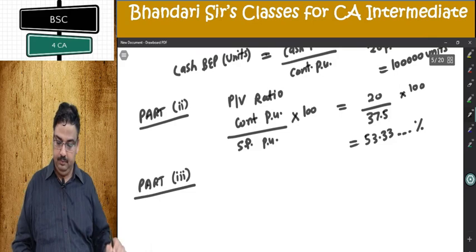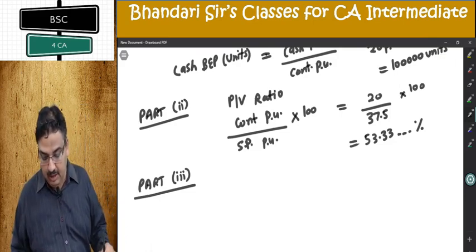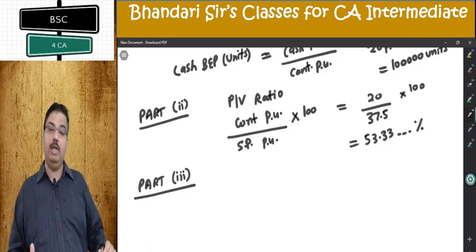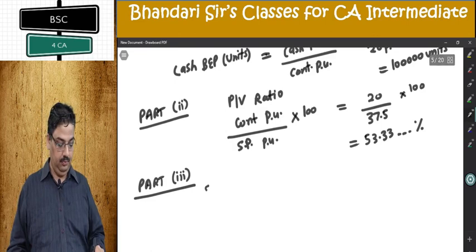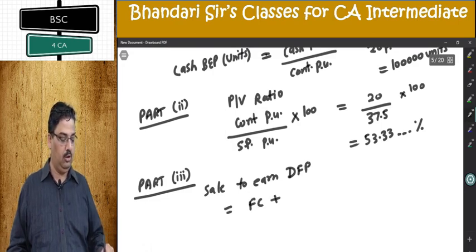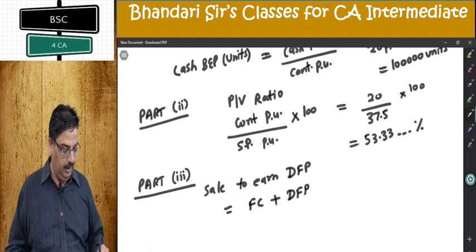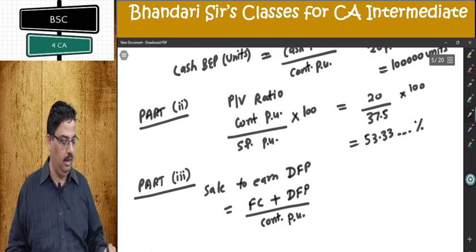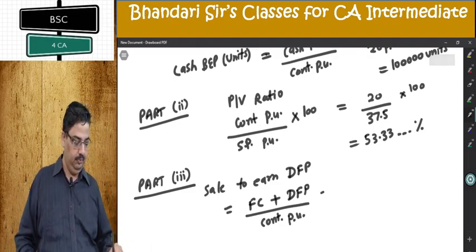Part 3. Estimate number of units that must be sold to earn EBIT of 2,50,000. Sale to earn desired fixed profit. DFP is equal to fixed cost plus DFP divide by, he wants units, so divide by contribution per unit.